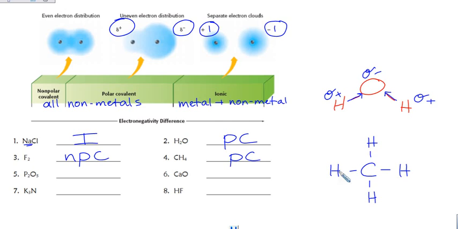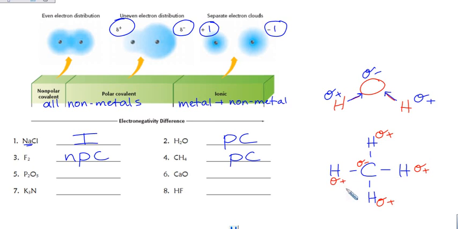Now, the electronegativity difference might not be quite as extreme as in water, because even between oxygen and carbon, oxygen has a higher electronegativity. But between carbon and hydrogen, carbon still has a higher electronegativity than the hydrogen. It's a polar covalent bond. The carbon will be slightly negative, and all of these hydrogens are partially positive.